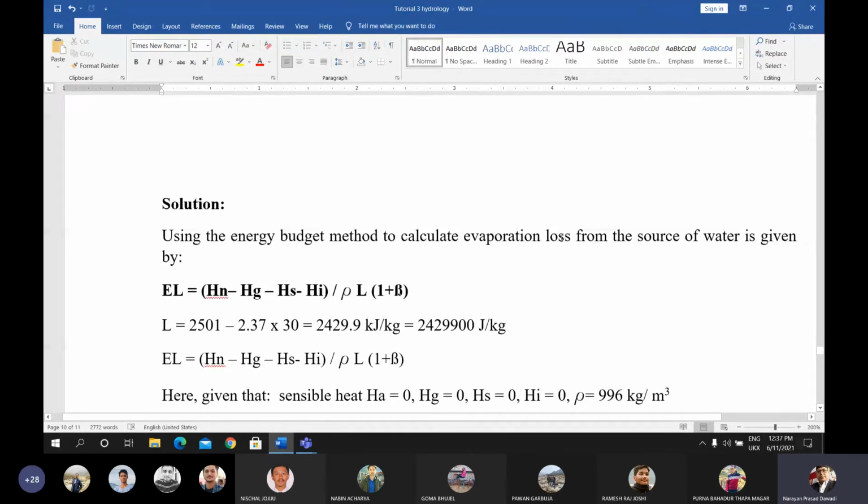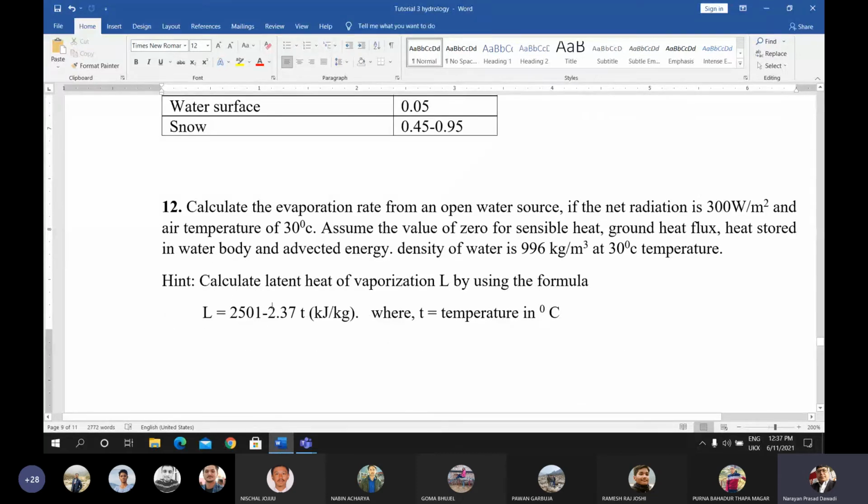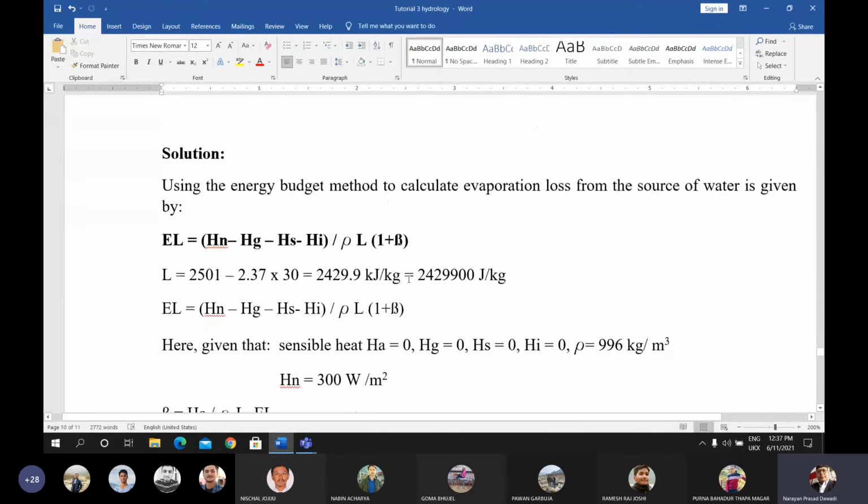This is the question hint: the latent heat of evaporation can be calculated using this formula. Now the solution. Using the energy budget method, the evaporation loss from the reservoir is given by E equals Hn minus Hg minus Hs minus Hi divided by rho L into 1 plus beta. This is the equation we derived for the calculation of evaporation loss using the energy budget method.